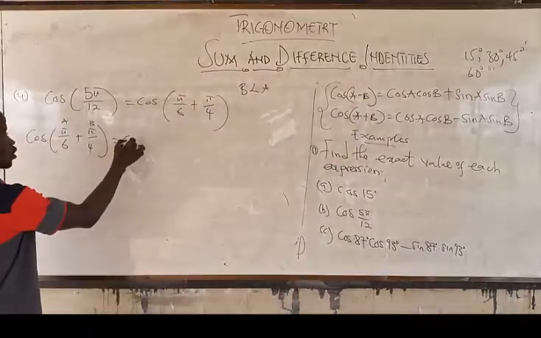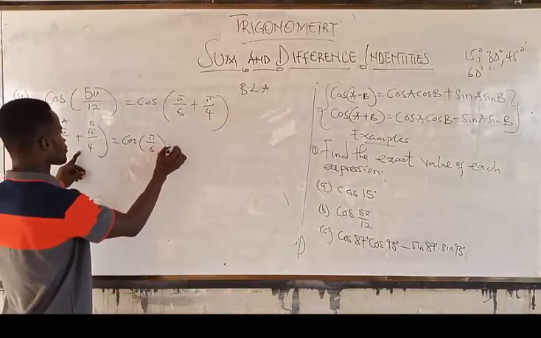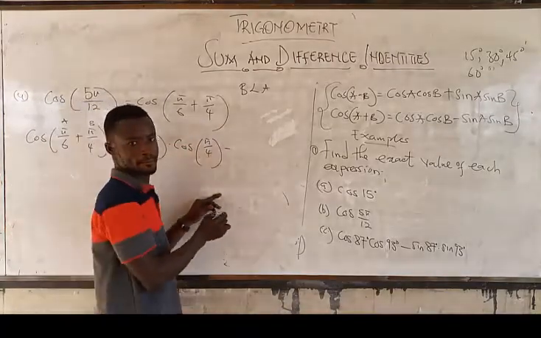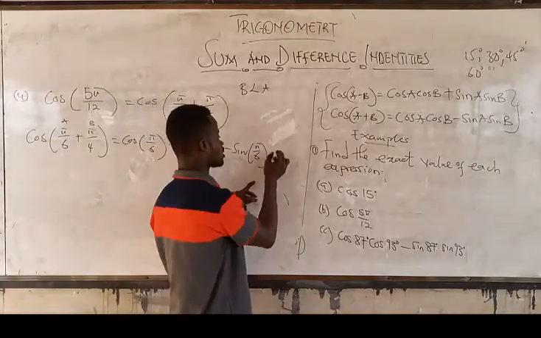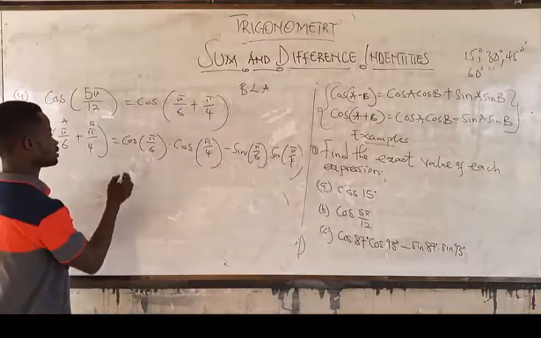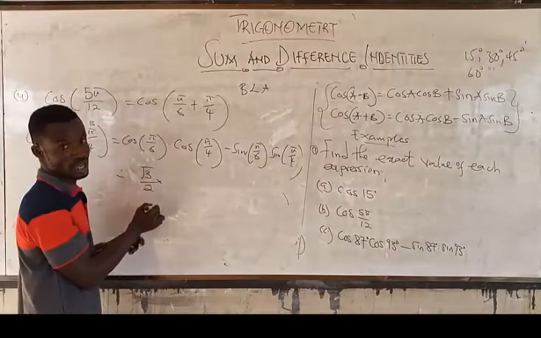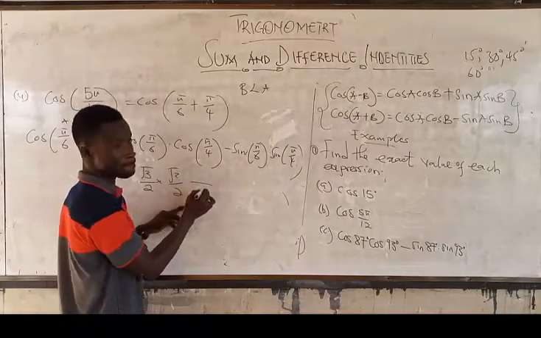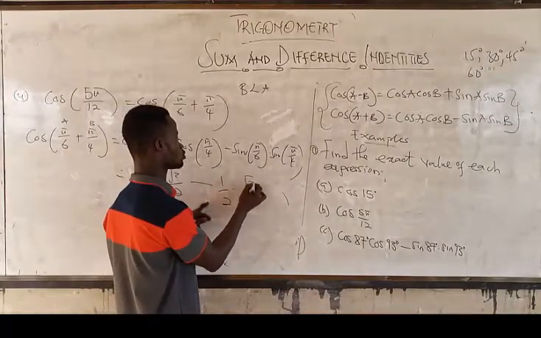So we get cos pi over 6 times cos pi over 4 minus sine pi over 6 times sine pi over 4. Alright. And this gives square root of 3 over 2 times square root of 2 over 2 minus half times square root of 2 over 2.